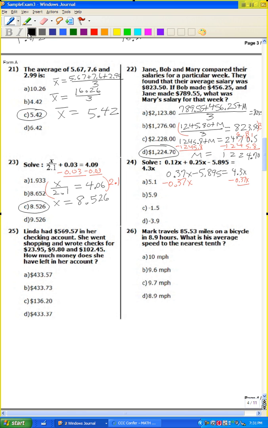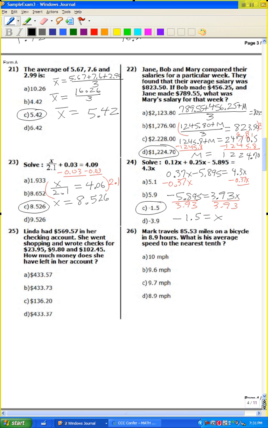And so you get negative 5.895 equals 3.93x. Divide both sides of the equation by 3.93. Negative divided by positive is negative, and you get a 1 and half of that, so 1.5. And so that is C.